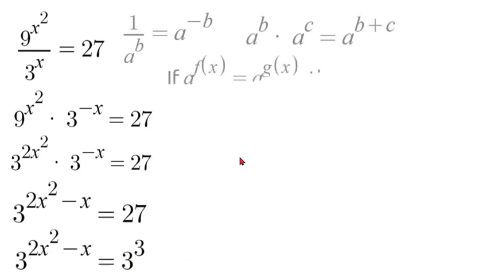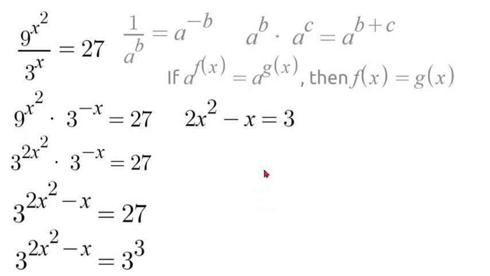So the rule for that is if we had a to the power of f of x is equal to a to the power of g of x, then f of x is equal to g of x. Since our bases are the same, we can then set our exponents equal to each other to solve for x. So we would have 2x squared minus x is equal to 3.